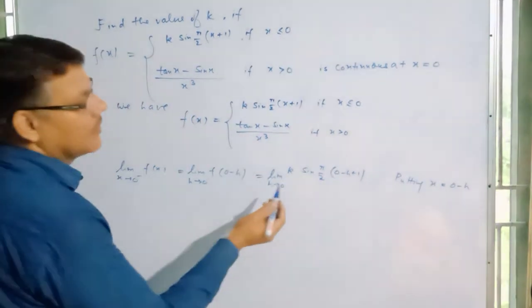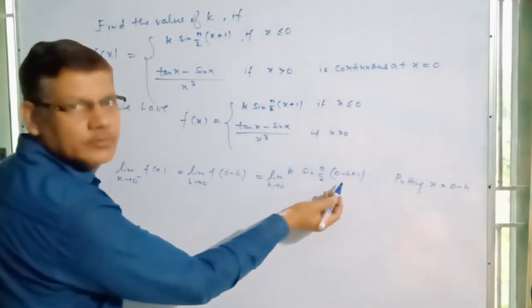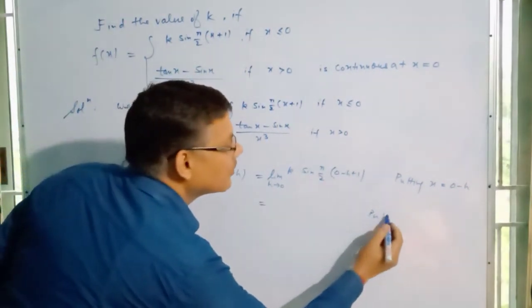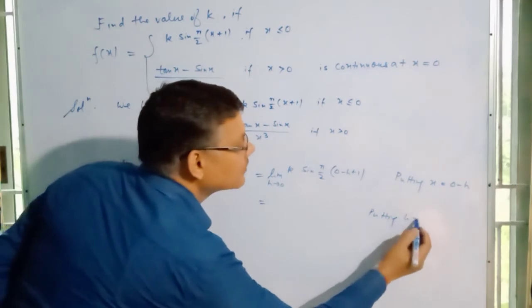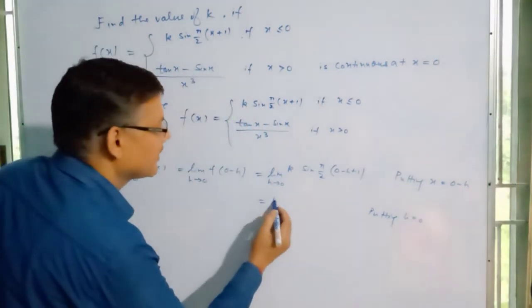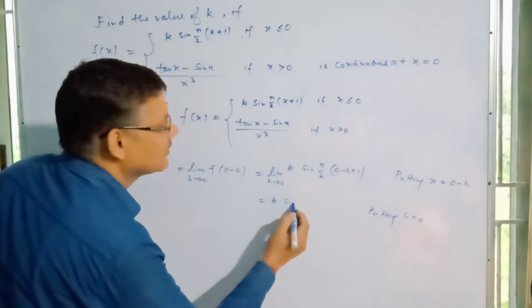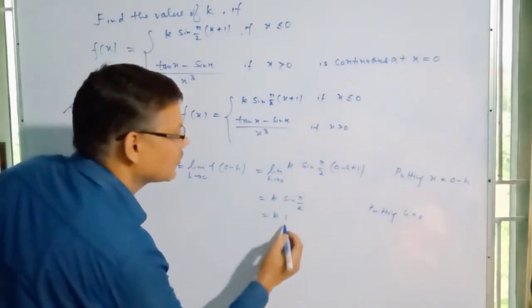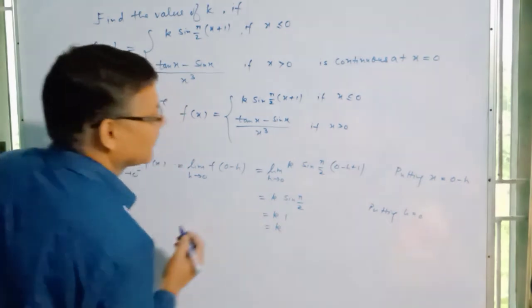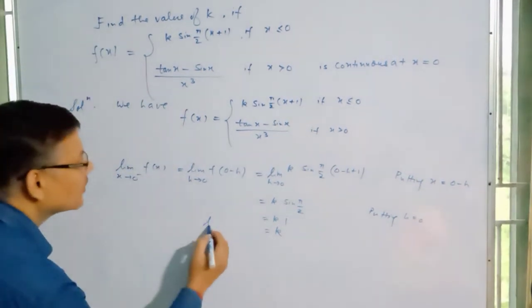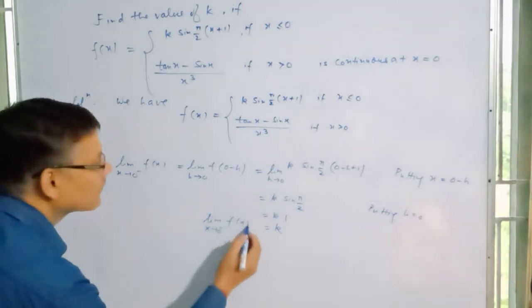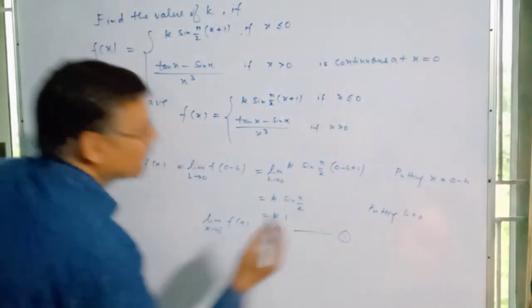Now putting x equal to 0 minus h, that is, in place of x we put 0 minus h. Now when we take the limit, no problem. Putting h equal to 0, it is k sine pi by 2, which is k into 1 equal to k. This is your left hand limit. Make it equation number 1.